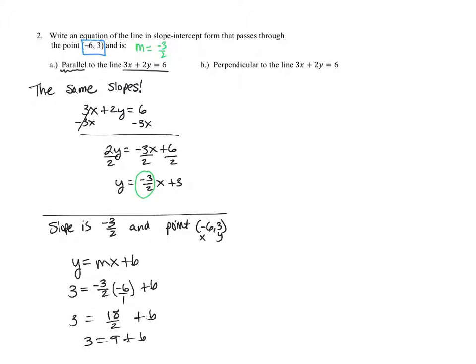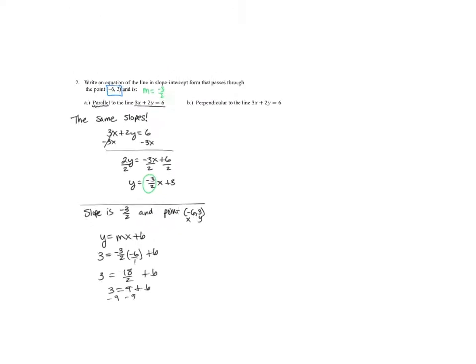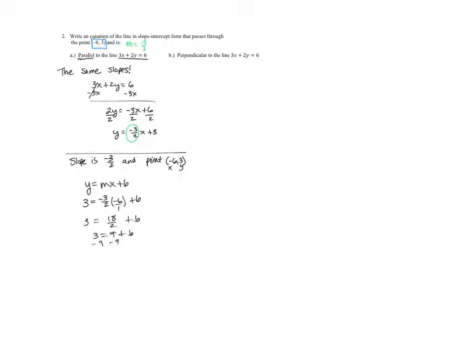And subtracting 9 from both sides, we get that b is negative 6. Okay, so now I'm ready to write the equation of that line. I have a slope of negative 3 halves times x, and then minus 6 for the y-intercept.